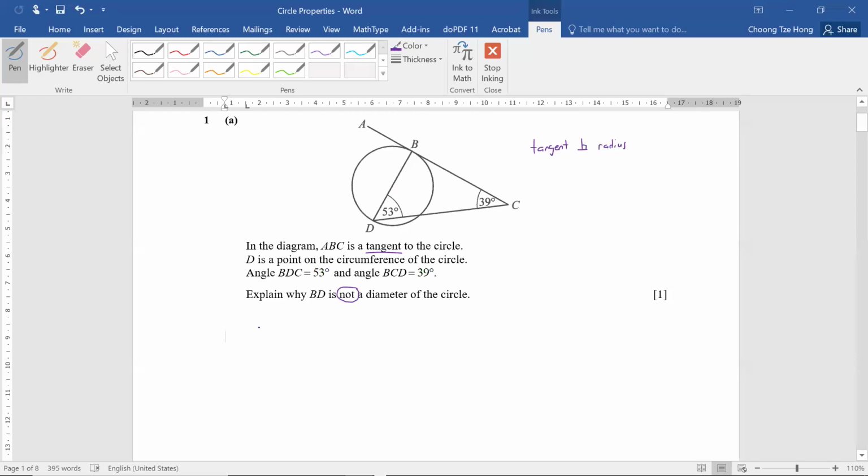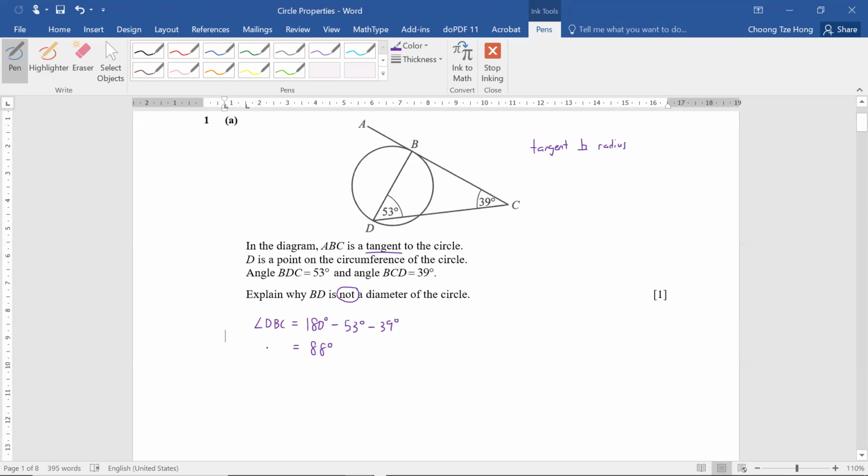We can find angle DBC very easily by just using angle sum of triangle. We just take 180 minus the other two angles, and we will be able to find DBC. You should get DBC to be 88. So indeed it's not 90, and this would mean that DB is not the diameter.